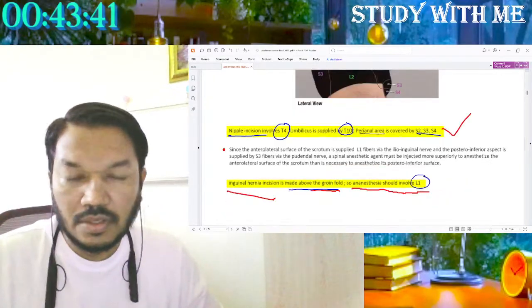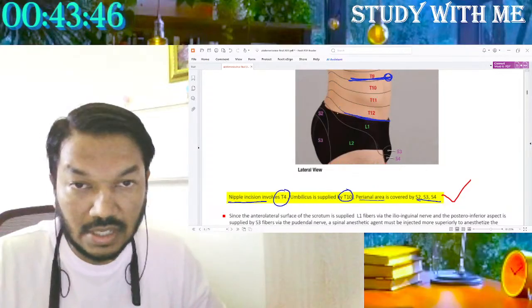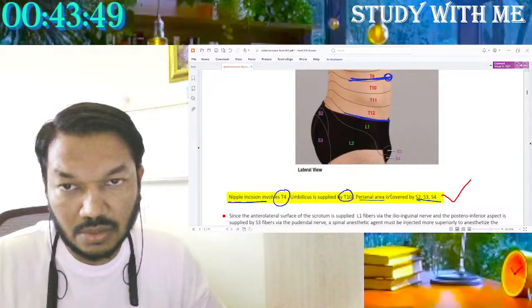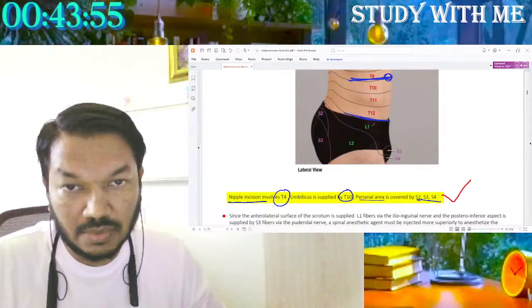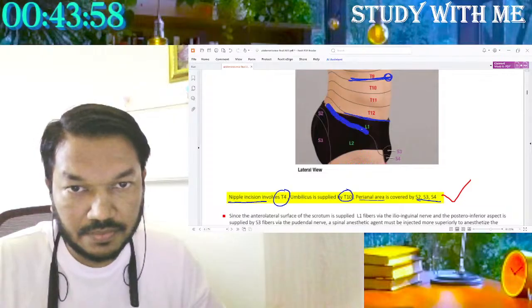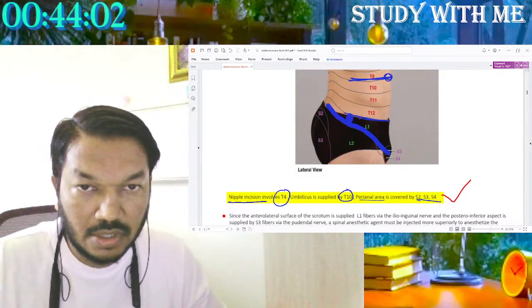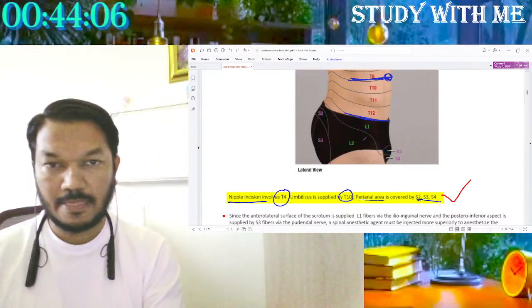Inguinal L1. No, L1. It is L1, because the inguinal region will be from the anterior superior iliac spine to the pubic symphysis.